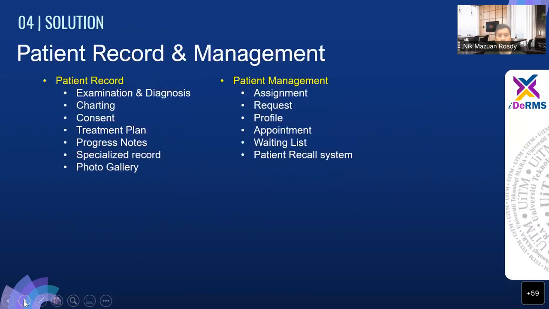As you can see from the patient record, there are a lot of things going on. We have examination, charting, consent, treatment plan, progress notes, specialized record, and photo gallery. For the patient management part, we have assignment, patient requests that the student can use, profile, appointment, waiting list, and patient recall system.